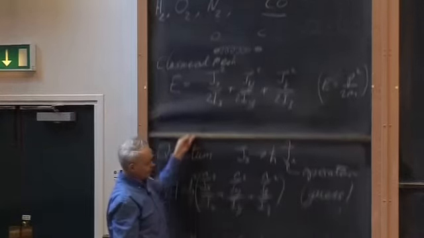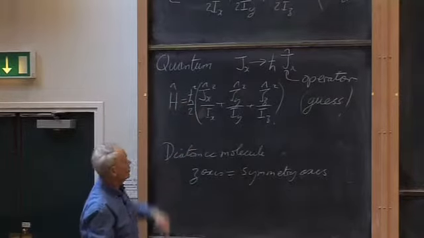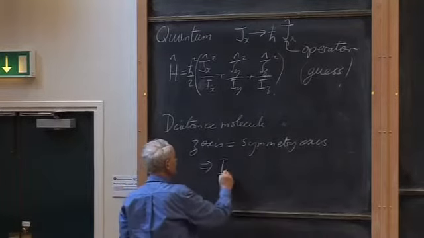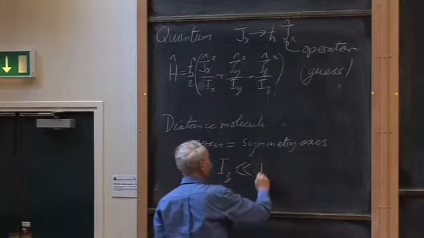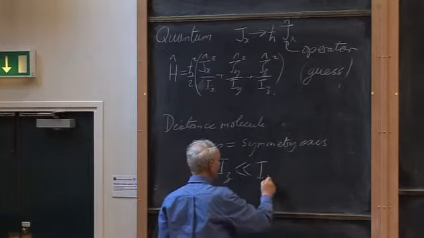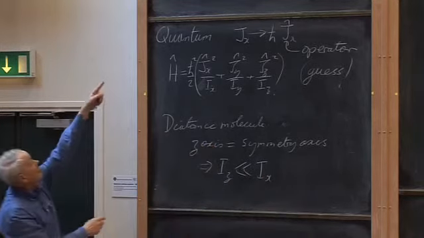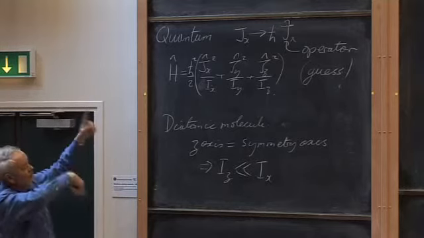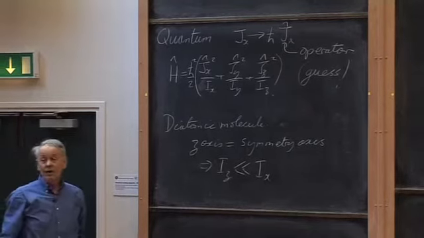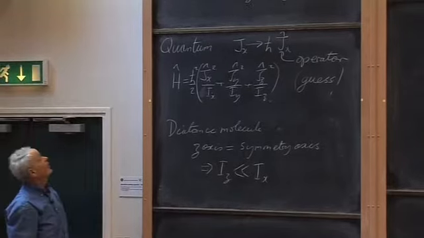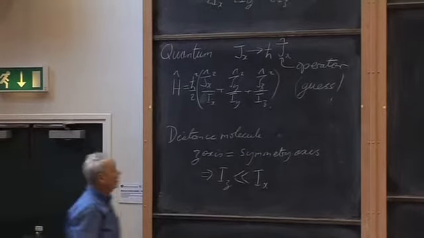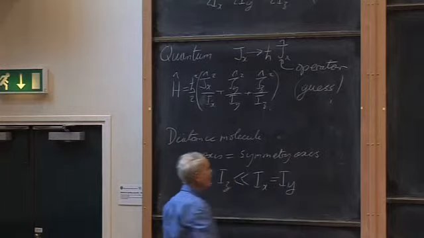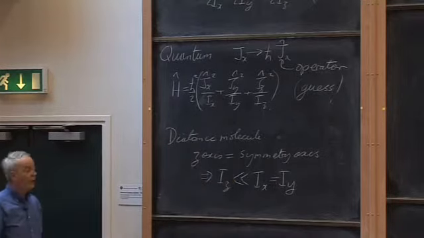So the moment of inertia is in any case very small, so this implies that Iz is very much less than Ix, which is the moment of inertia about an axis that sticks out here, where if you spin it around there, the two nuclei go around in a decent circle of radius half the length of that bond, say, and for a diatomic molecule, by symmetry, Ix is going to equal Iy.